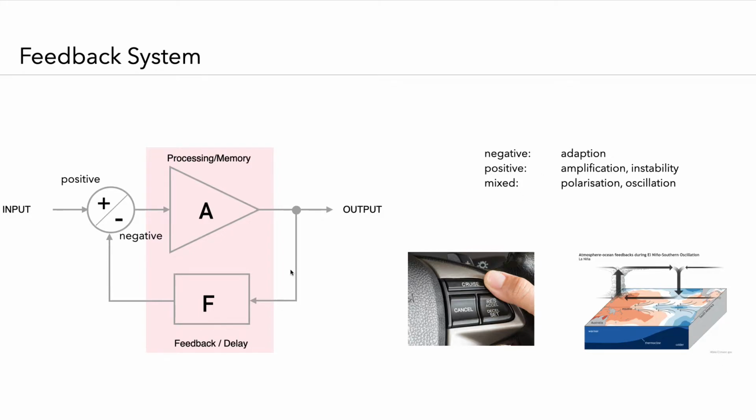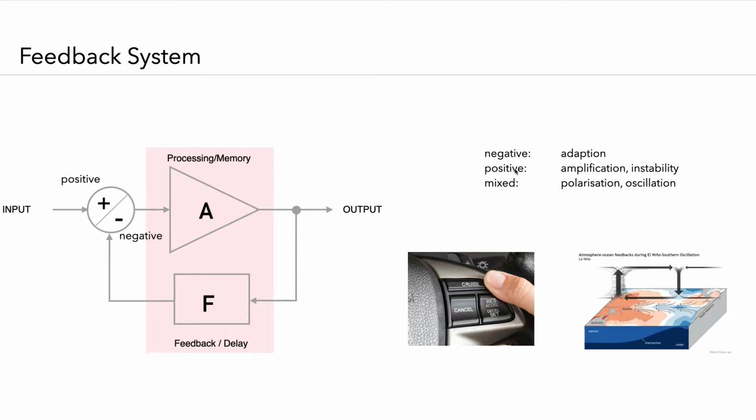A positive feedback loop leads in general to an amplification. You add something in addition, so the signal gets bigger than the original signal, the output also gets bigger, and so on. This can yield exponential growth, for example, and instabilities.